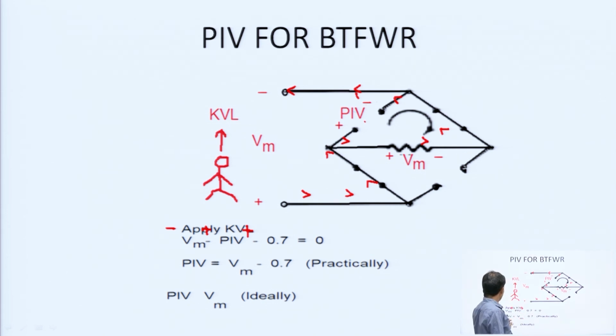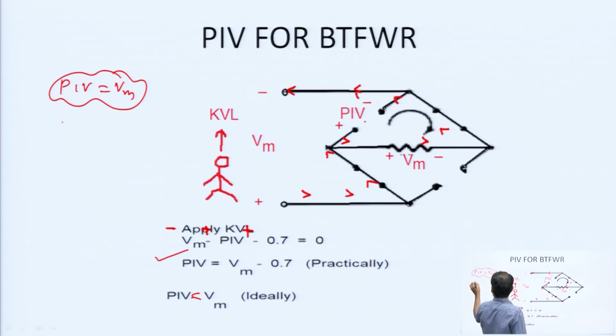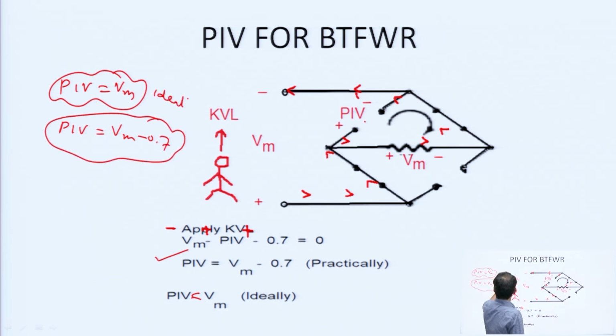This means PIV is equal to Vm ideally, and PIV is equal to Vm minus 0.7 practically. So the PIV for the bridge type full wave rectifier is Vm ideally and Vm minus 0.7 practically.